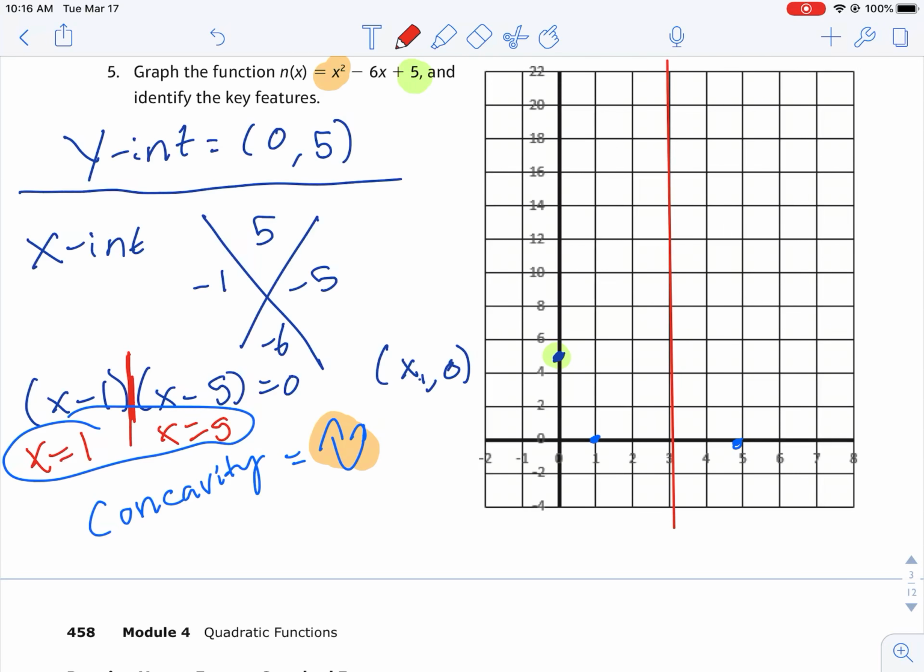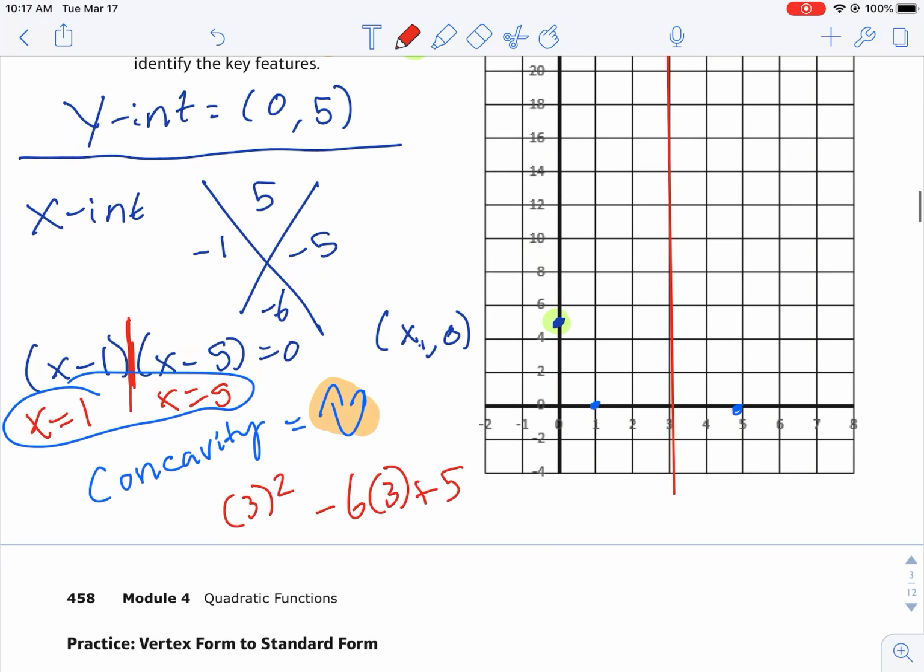If I take my function x squared minus 6x plus 5, and I replace x with 3, I should get the coordinate of my vertex. This will be 9 minus 18 plus 5, which equals negative 9 plus 5 is negative 4. So my vertex will be here. And again, by symmetry, I'll know I have another point over here, and there's my parabola.